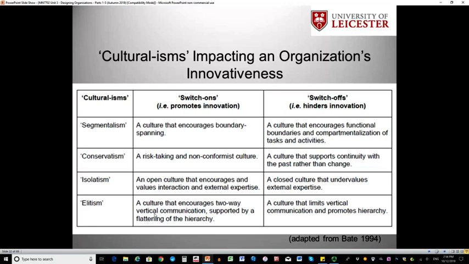Whereas cultures that focus communication on the vertical axis and promote top-down communication rather than bottom-up and top-down or horizontal, those tend to switch off and hinder innovation. So we can see how there's quite big overlaps between the Bates, Cantor and Burns and Stalker models, but they're all useful ways of thinking about how we frame our analysis of an organisational structure and culture and modes of organising.